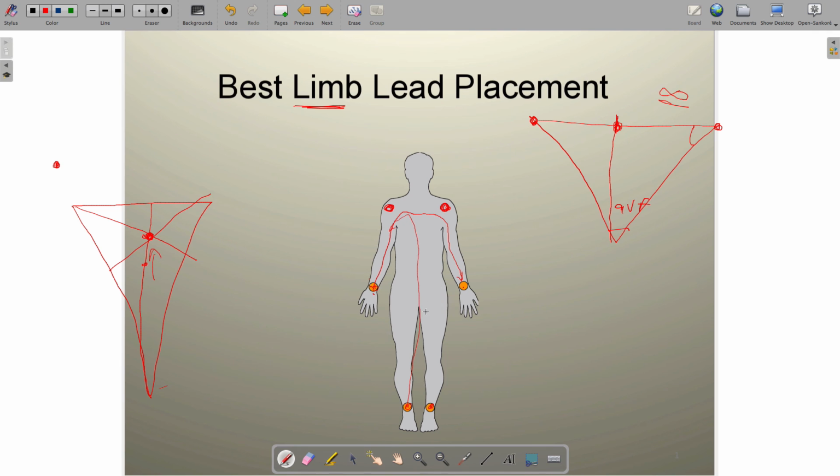All right, so this distance is the same, meaning that this leg and this leg are going to be exactly the same here because we're about as tall as we are wingspan wide. So it's important for you to keep these equal distance because otherwise we're going to artificially change this Wilson central terminal, and when we do that, we're going to alter the overall picture that we get on the EKG tracing.